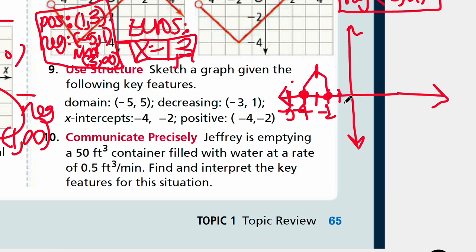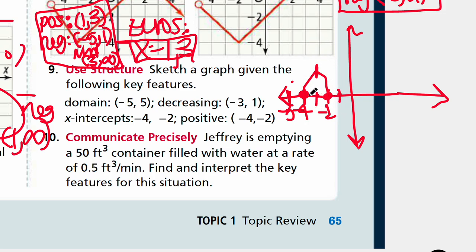Okay, exactly 1. And then you need to intersect at -2, because that's your x-intercept. And then you don't have the y value, you don't have the range, so you could go as tall as possible if you want, but it needs to look something like this, okay?